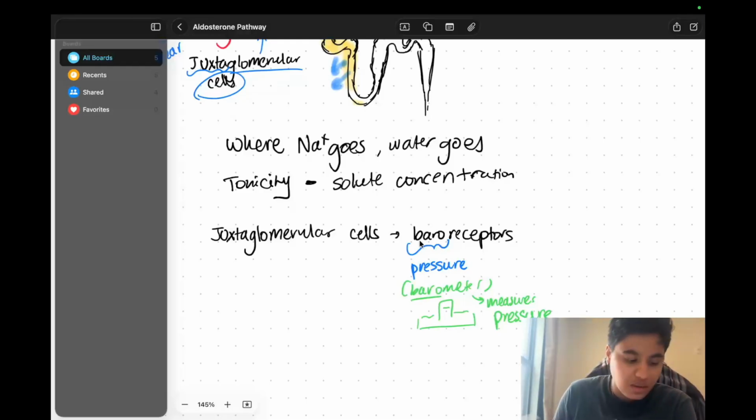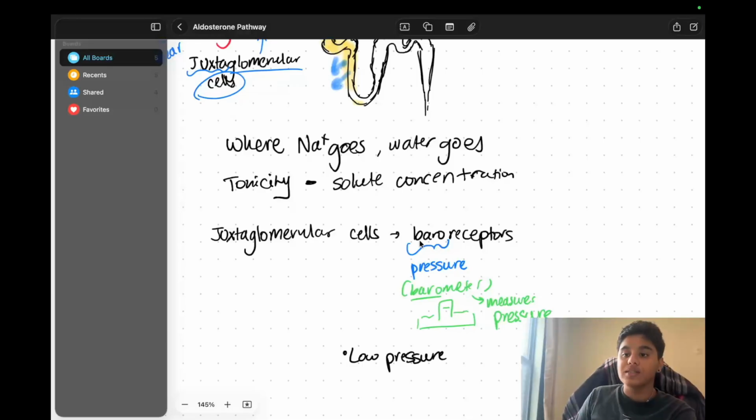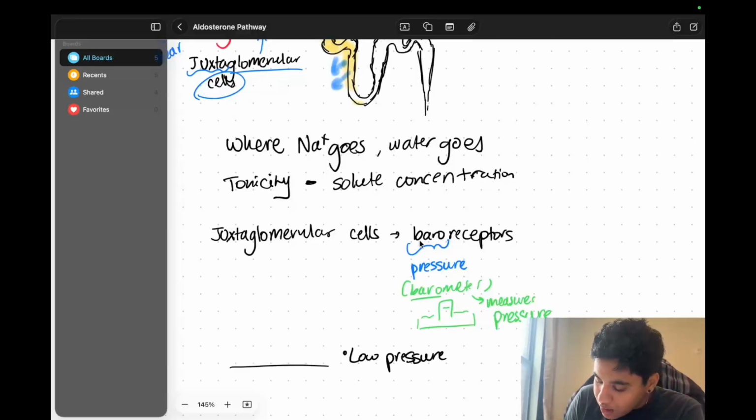And when the blood pressure is low, and the way it notices that is because the pressure against these walls is going to decrease, right?